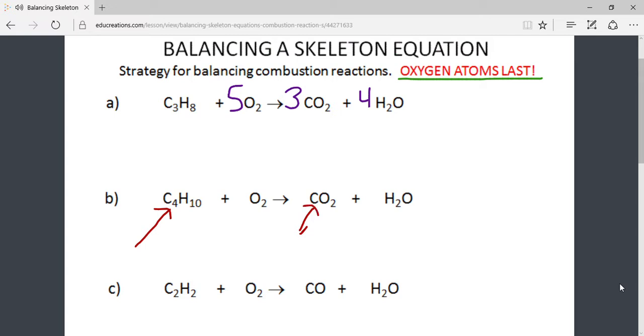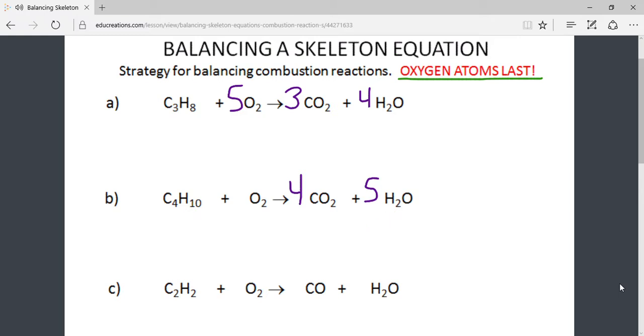Therefore, a coefficient of 4 will be chosen for the product side in front of carbon dioxide. Let us look at our hydrogen atoms now. On the reactant side, there is a total of 10. However, there exist only 2 on the product side. Therefore, a coefficient multiplier of 5 will be chosen to create the 10 hydrogen atoms needed on the product side.